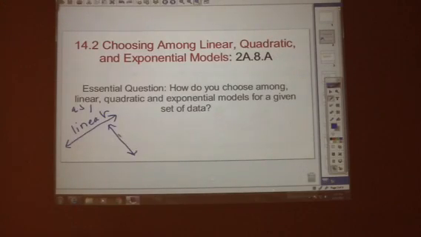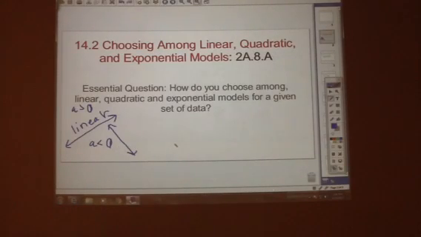If it goes down, then A is less than 0. Linear, straight line.